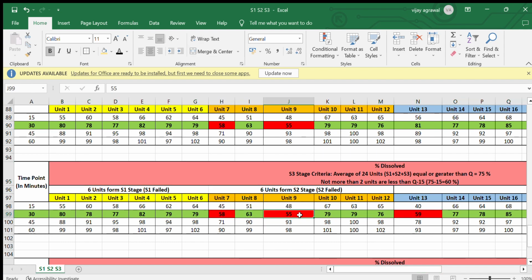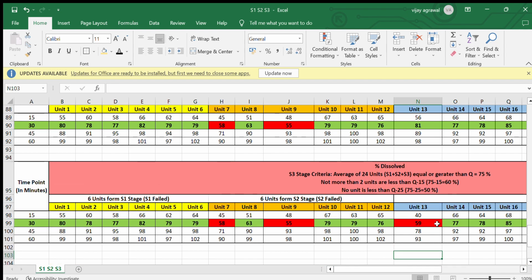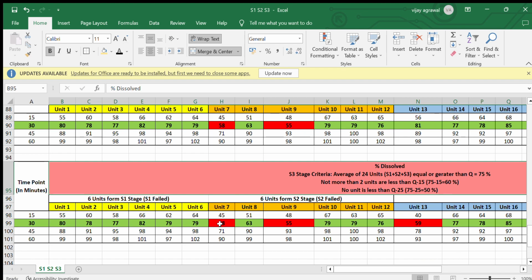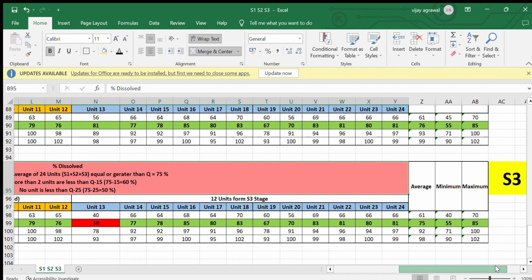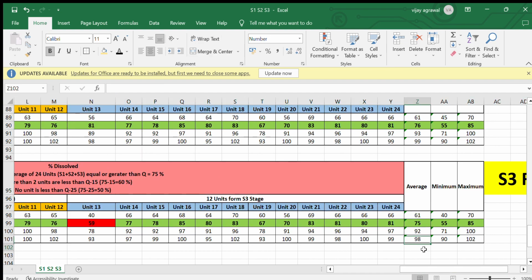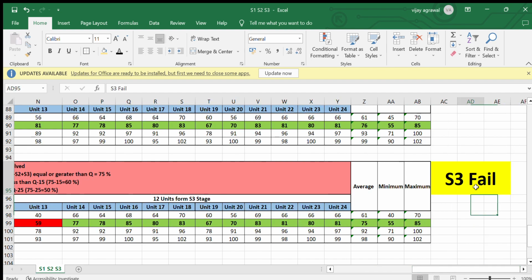So here 3 units went below 60%. That's why the S3 stage failed. But see here in this example, no unit is less than 50%. Also, the average is passing here, that is 75%. But total 3 units are below 60%. That's why this S3 stage is failing.